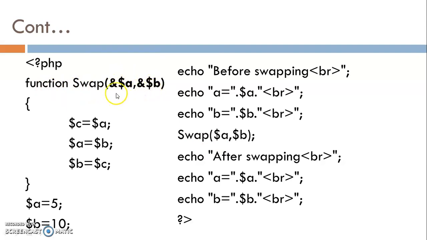That means they are considered the original variables a and b, and the changes are made in the original copy. Okay, so the original copy is changed, meaning instead of 5 and 10 it changes to 10 and 5.